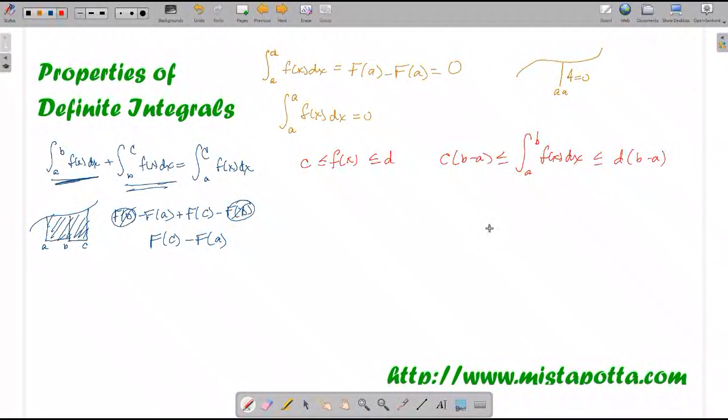And that makes sense if I think about it geometrically.